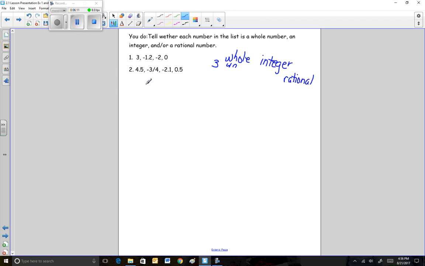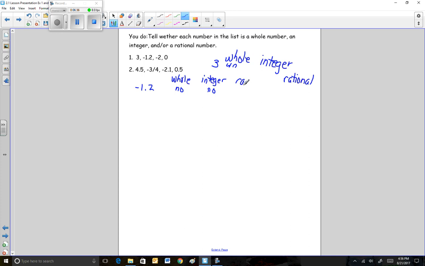Okay, number 1, I already gave you the 3. Number 1, the negative 1.2. Is it a whole number? No. Is it an integer? Absolutely not. So we write no. And is it rational?